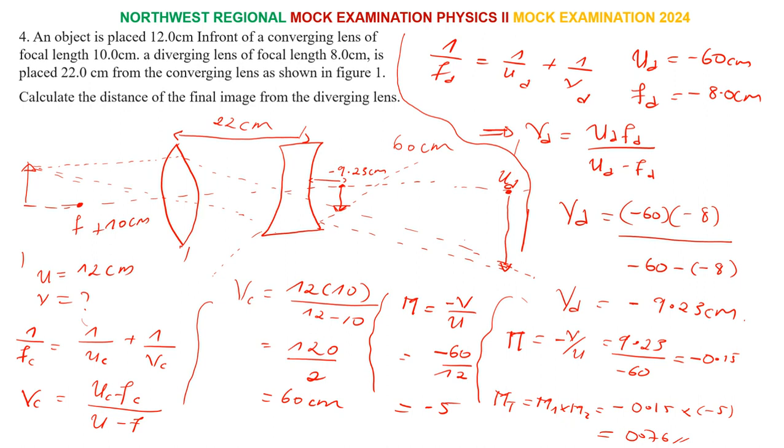So it tells us clearly that the image is diminished. The final distance we're calculating concerning the lens is this here, so it's v_d. That's where the question normally ends, since we have calculated v_d. This was just to check the orientation of the object.